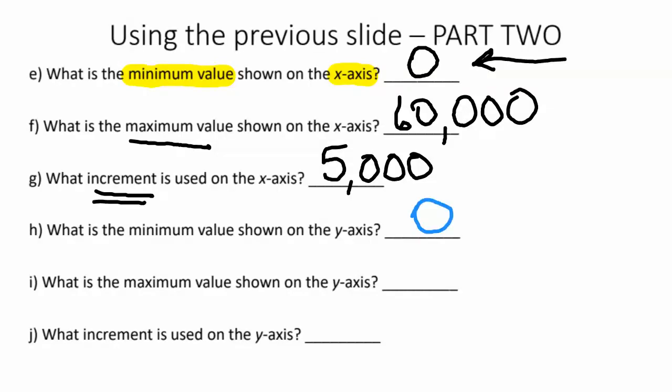And then what's the maximum? It's 70. And again, I want to go by 5s. Now, this is the best graph you can make. But again, Pearson draws this graph.